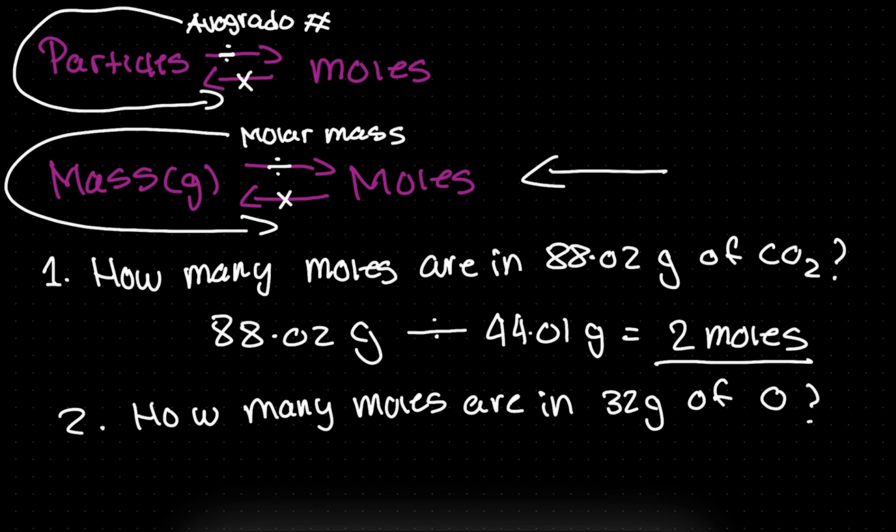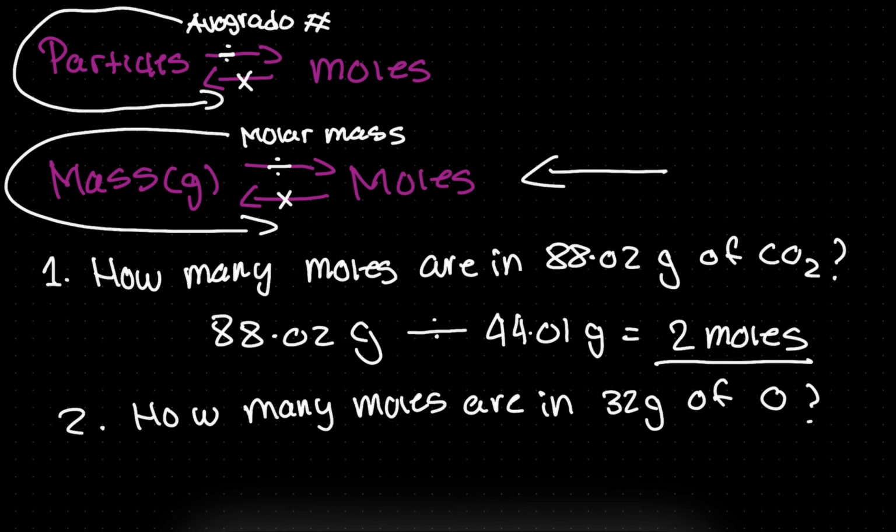Now, try this one on your own. How many moles are in 32 grams of oxygen? Feel free to pause the video. Right? Hopefully you got 2 moles. So I'll go through this again. First we have to identify our mass to moles conversion, right? So we're going mass to moles, and our conversion factor is molar mass.